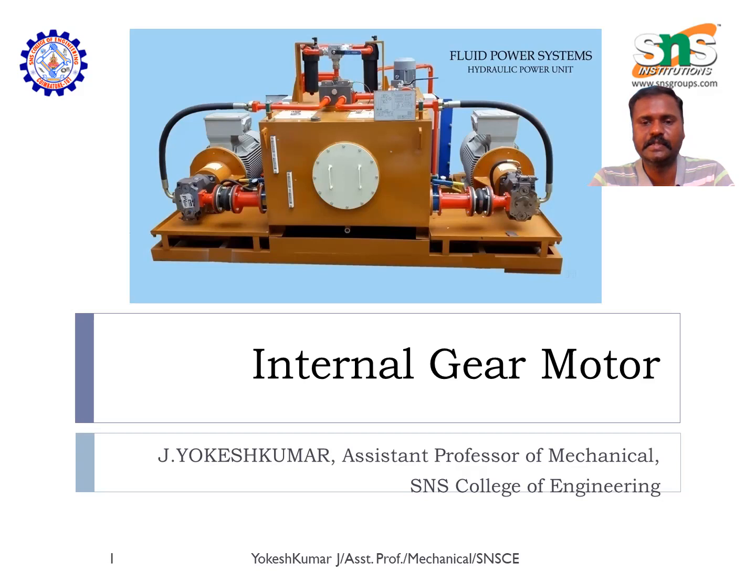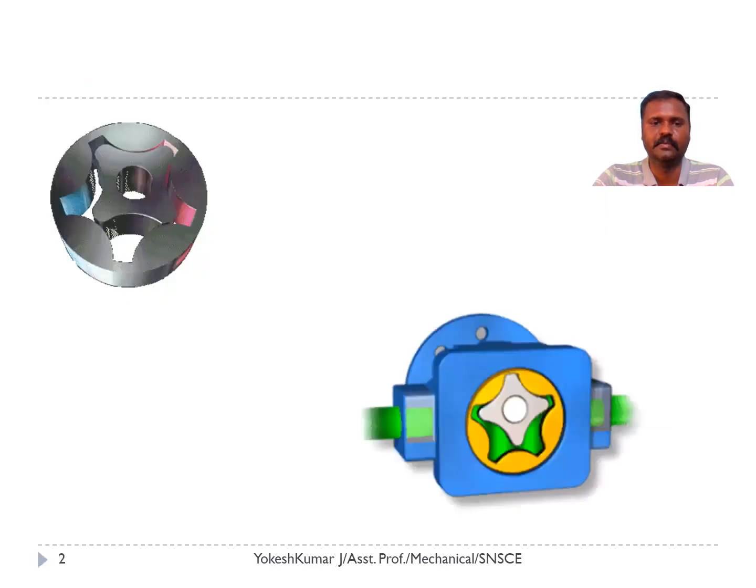So let us discuss the internal gear motor construction features. Here the teeth of the gears are internally meshed. We have an outer casing, and inside the outer casing, inlet and outlet ports are there.